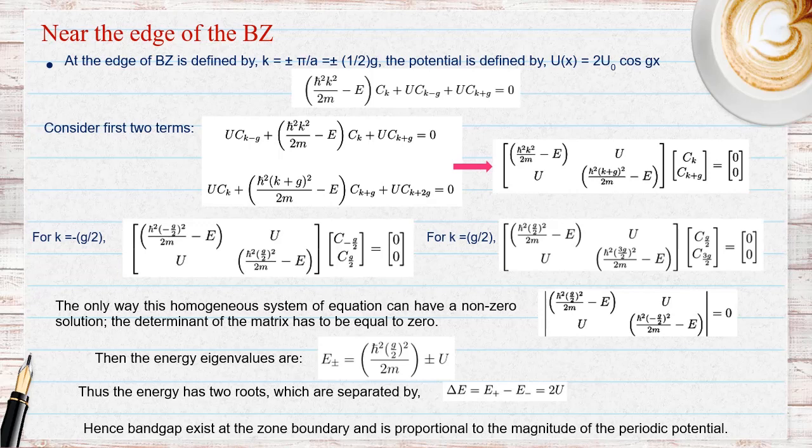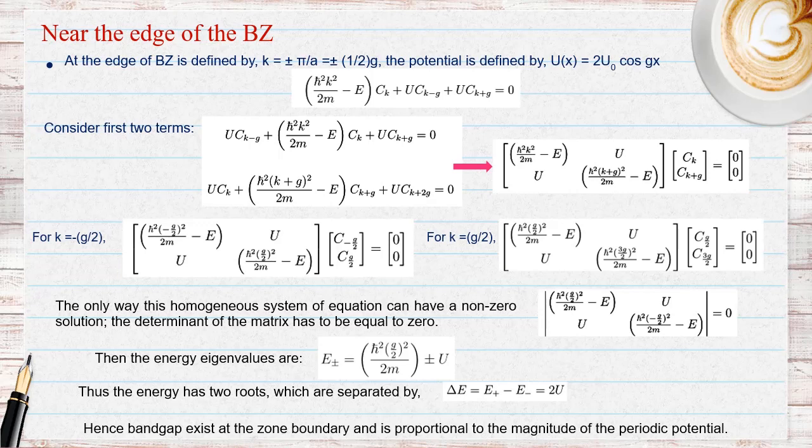The energy eigenvalues we can represent as two values, a plus term and a minus term: E plus or minus is equal to h cross squared (g by 2) whole squared by 2m plus or minus U.